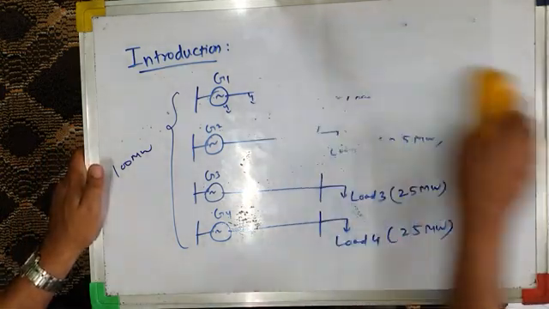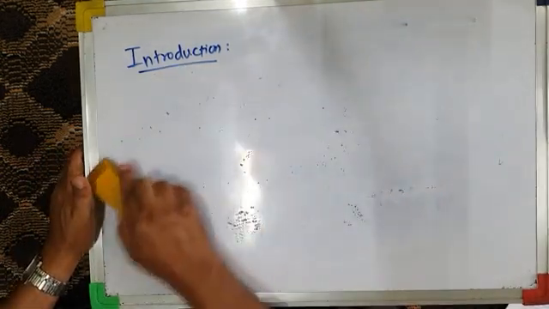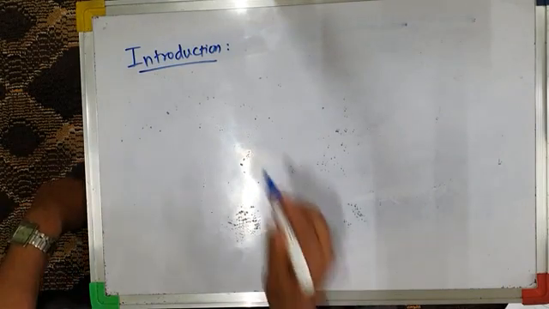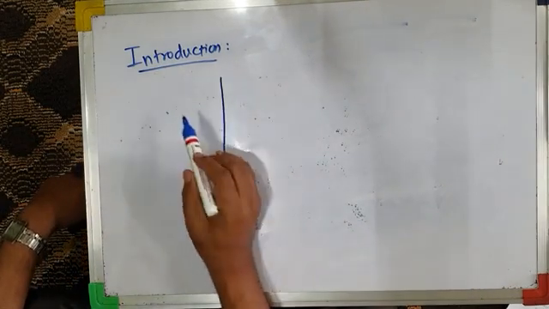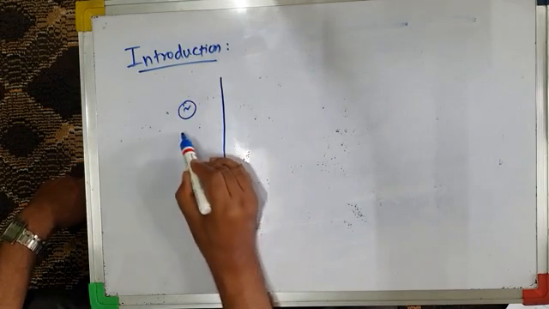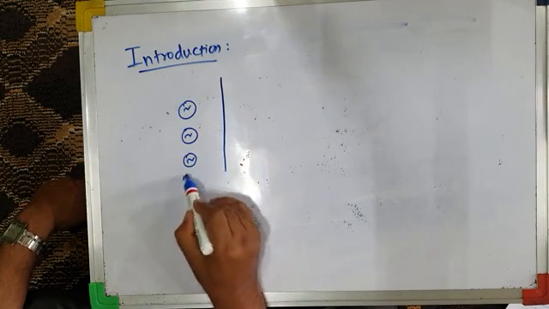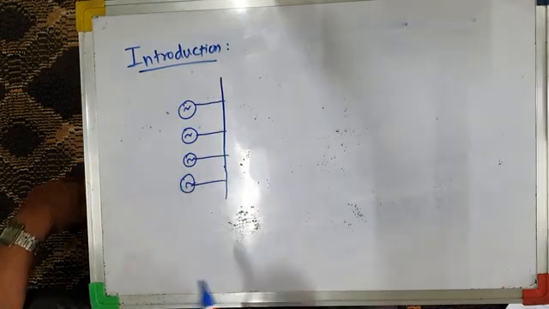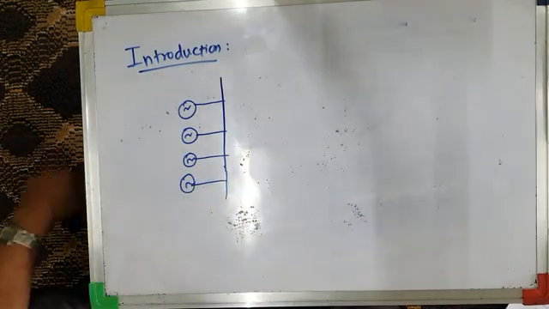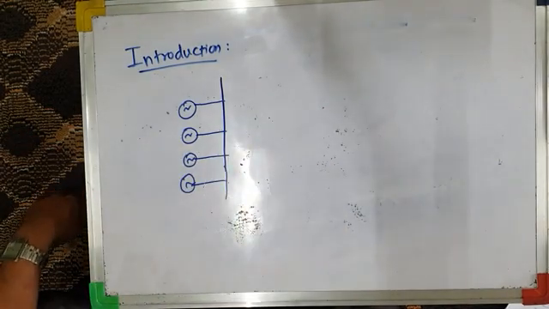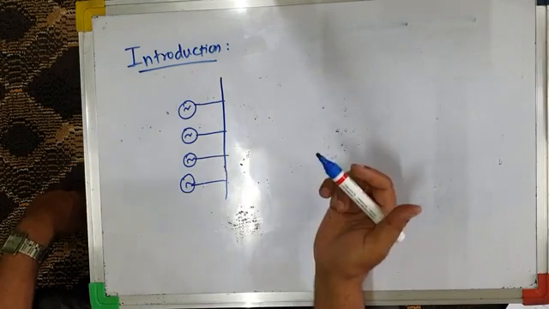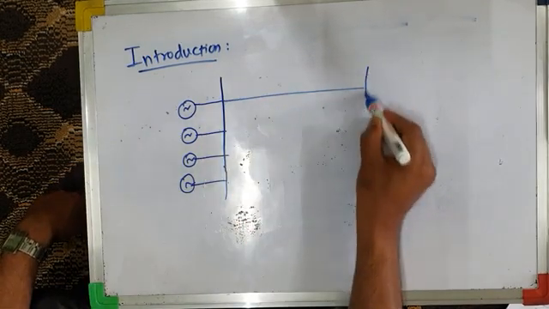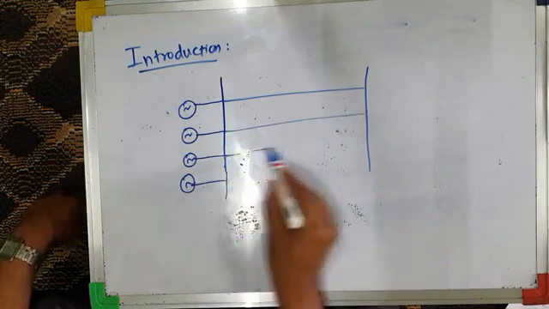So what we do now, instead of having isolated radial transmission lines, is go for interconnection of these power transmission networks. For example, we have various generating stations, say 1, 2, 3 and 4. The power generated by these generating stations is interconnected together through long transmission lines, and this power is supplied like this.